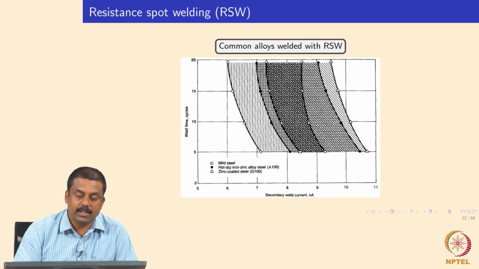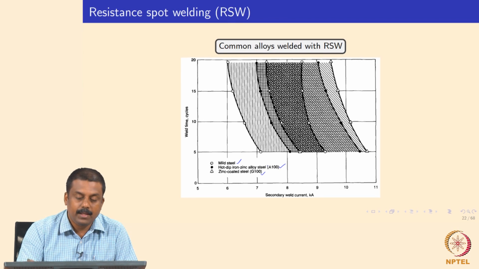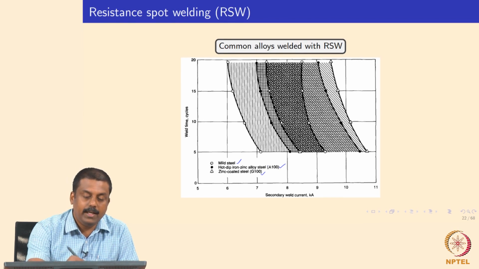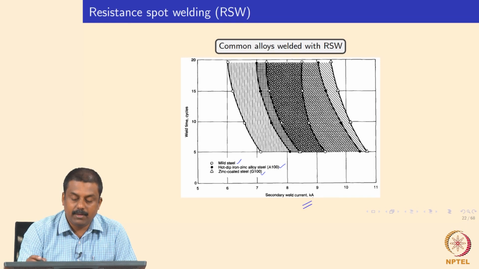This slide shows the common weld growth curves for mild steel and a hot dip galvanized alloy steel, and again a steel plated with zinc. So you see welding time as a function of weld growth, the welding current.